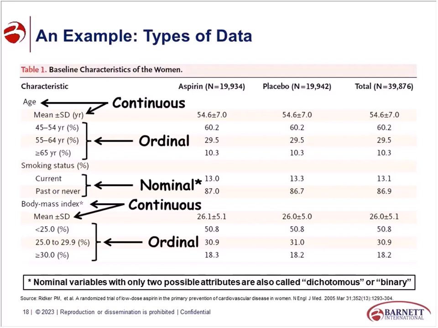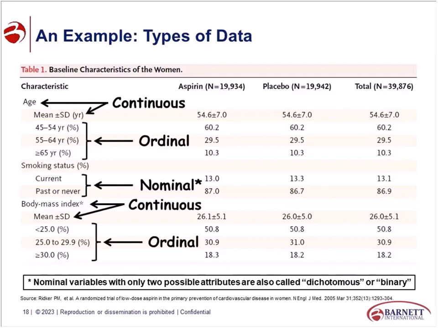Smoking status, current versus past versus never, is nominal. It's interchangeable, although some could argue that a current smoker is worse than a past smoker. So again, it's nominal, but could be ordinal, depending on whether or not you want to apply a risk to it.